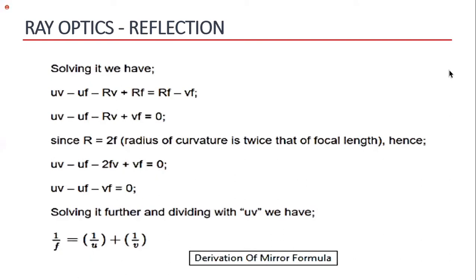In that, rearrange your terms and use radius of curvature is equal to 2 times the focal length. We have followed Cartesian sign conventions, okay? Do not forget that.